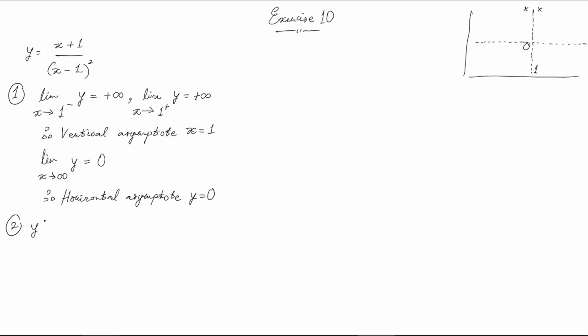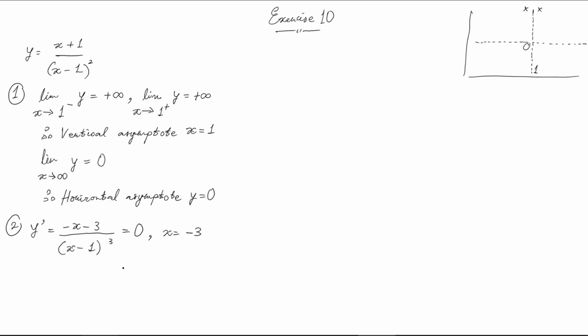Differentiate y to obtain negative (x minus 3) divided by (x minus 1) to the power of 3, and then let it equal to 0. This time around we have a candidate for a turning point or a stationary point, which is when x is equal to negative 3.